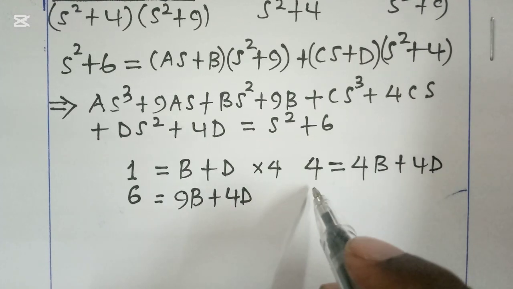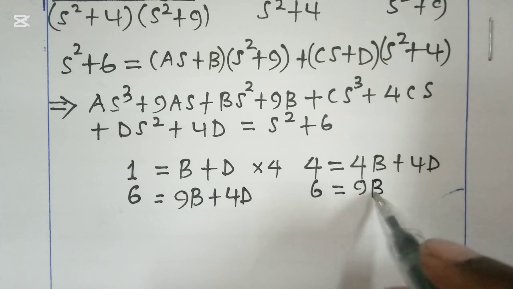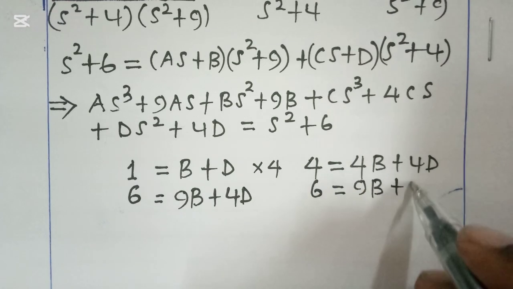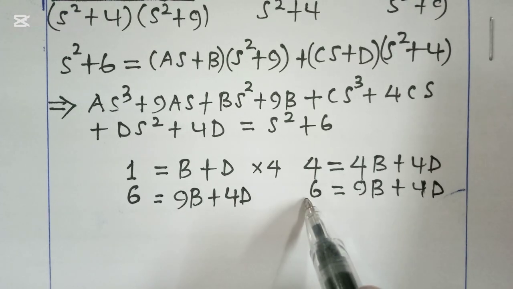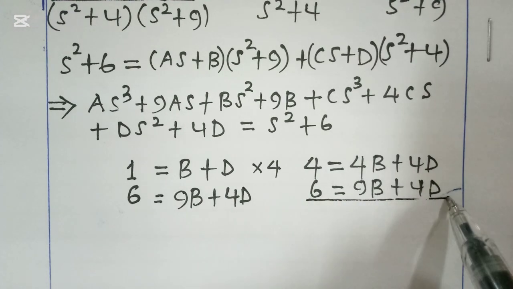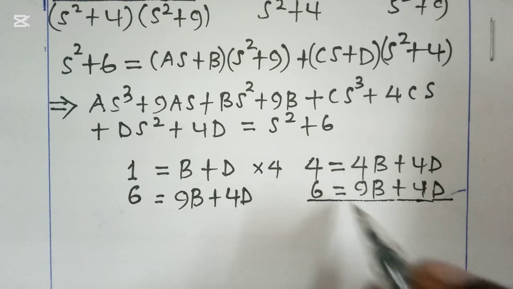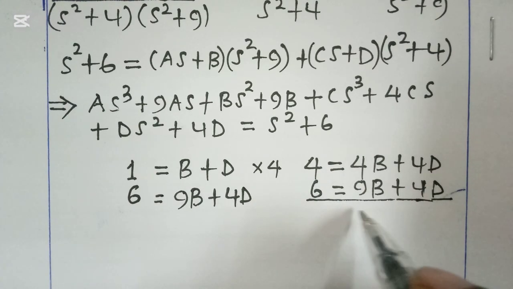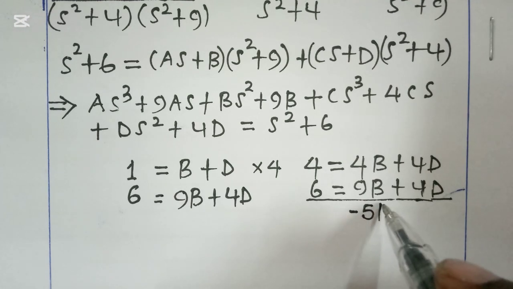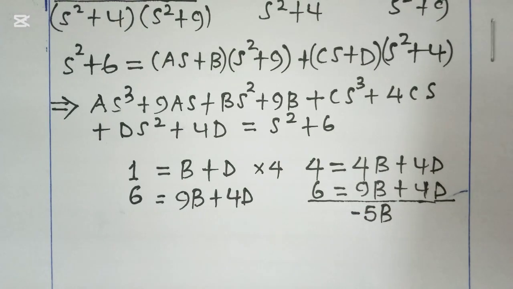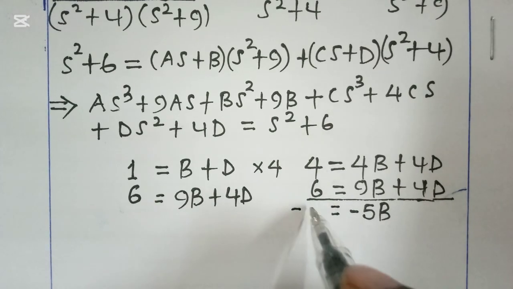And here we have 6 equals 9b plus 4d. So guys, we can eliminate d by subtracting. Subtract that, d is going to be 0. For this one, you get negative 5b, and for this side, you'll have negative 2.